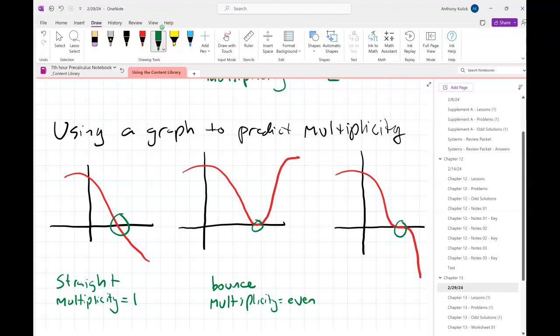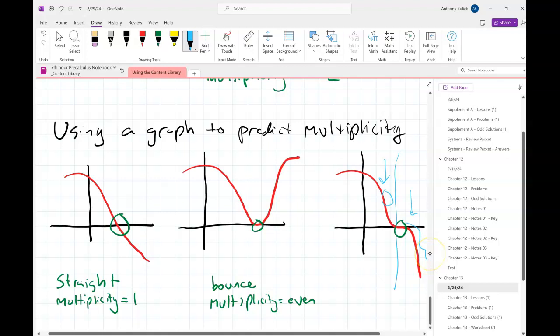And the third type of x-intercept is one that looks like this, where it starts bending one way, flattens out, and then bends the other direction. So if I think about this half, it's like if I poured water, it would catch the water. It's like half of a cup. But if I poured the water here, it would run off like it's the top of a roof. You guys kind of see that? It's called concavity.